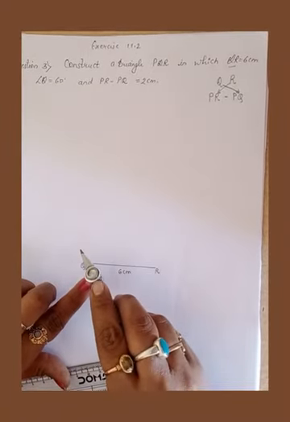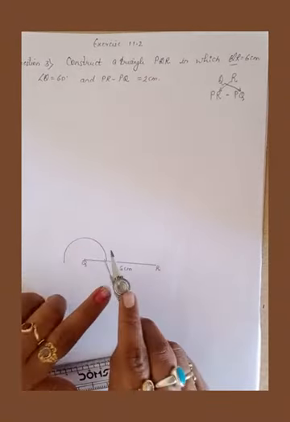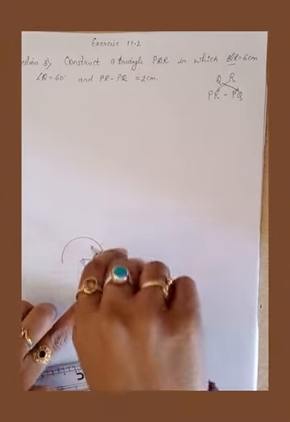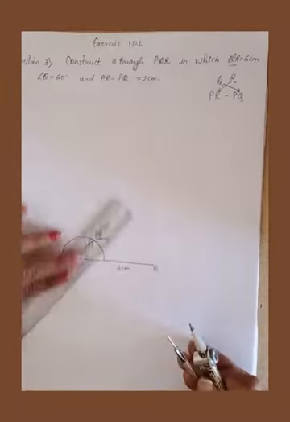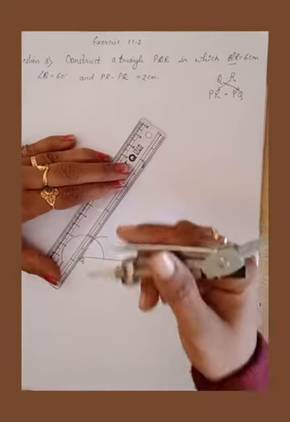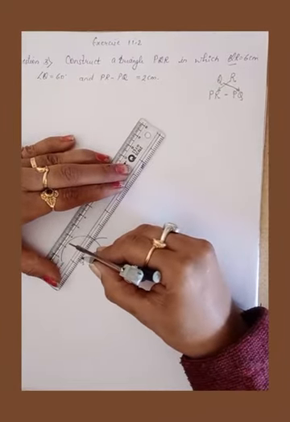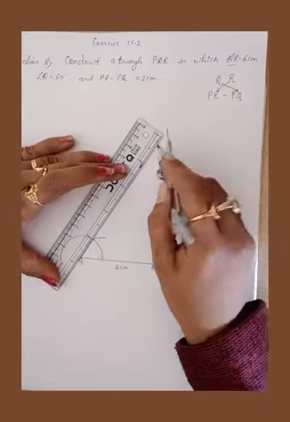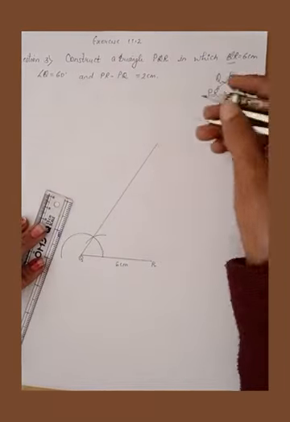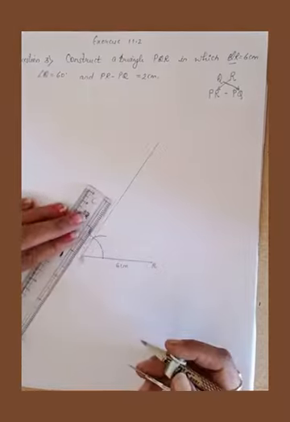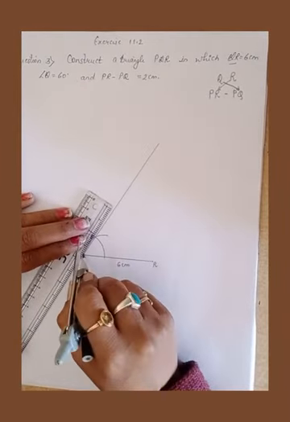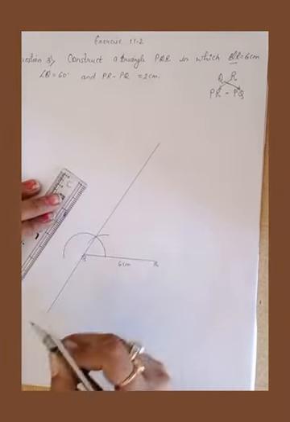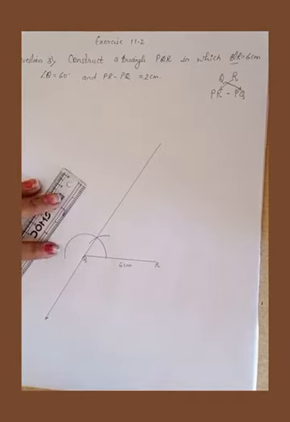So put the compass on point Q, make an arc, keep the compass here and cut it. So this will be an angle of 60 degree. Now the same angle we have to extend to the downward direction.